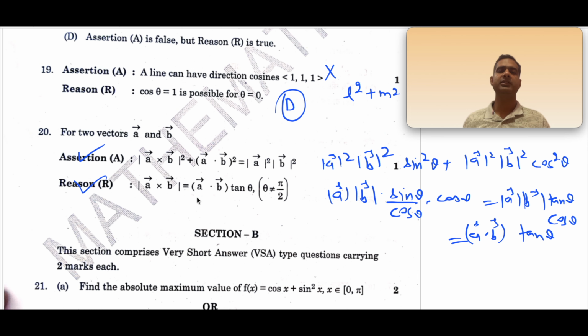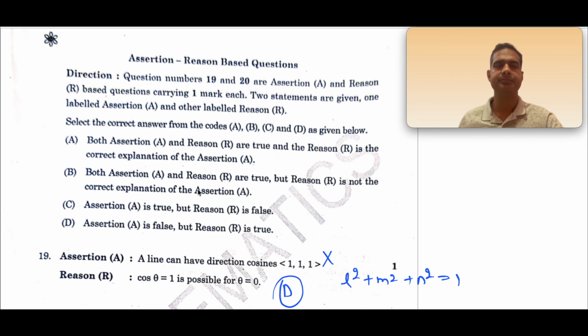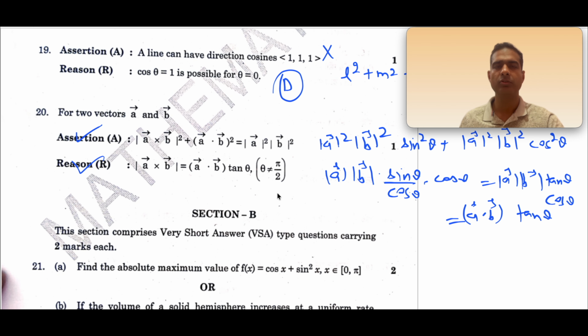So assertion and reason both are correct, but the reason is not the correct explanation of the assertion. So according to me, option B should be your answer, that assertion and reason are true, but reason is not the correct explanation of the assertion A. So for 20th, option B should be your answer.